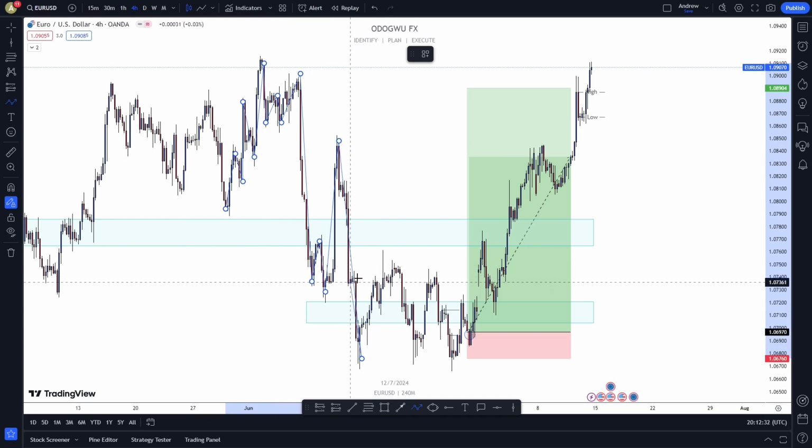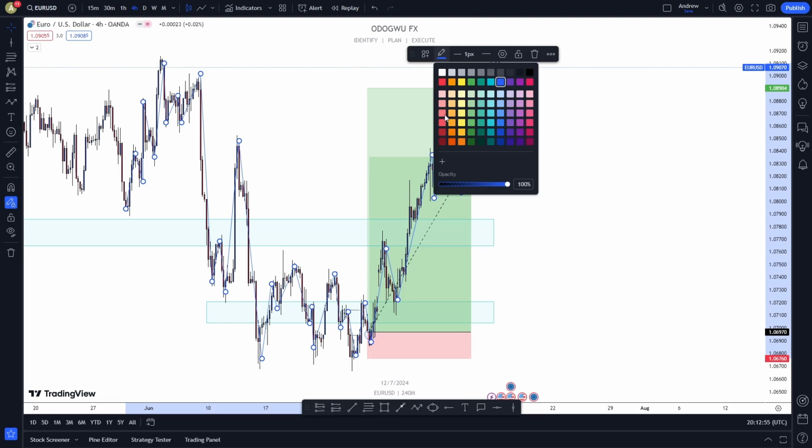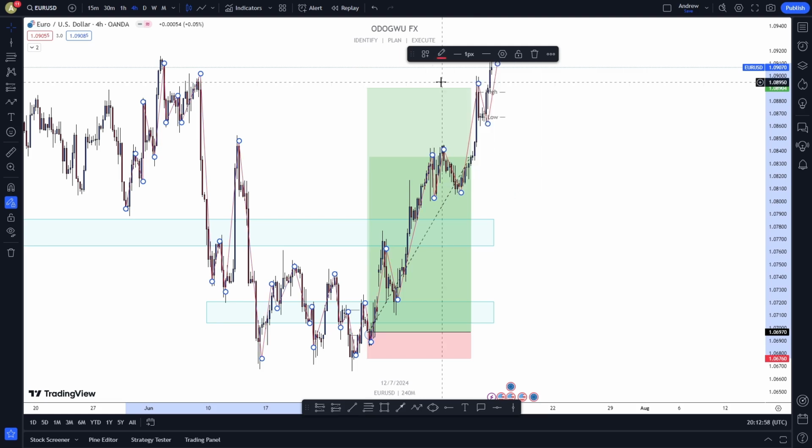So what we are seeing here now is simply price reacting to various areas of interest on different time frames. And on each of these time frames, we have different kinds of traders taking actions on different zones in the market. So this is the structure we have. I'm going to make this red. So this is the 4-hour time frame.